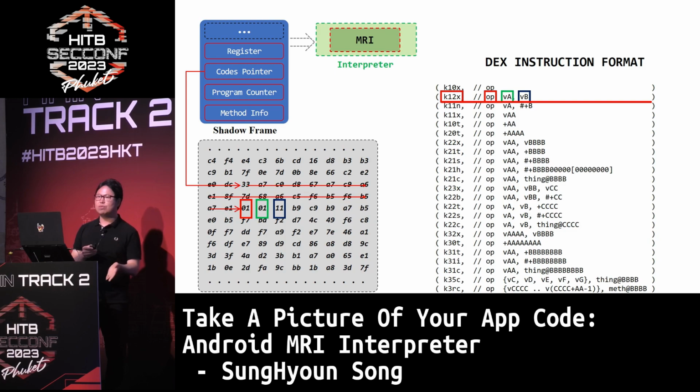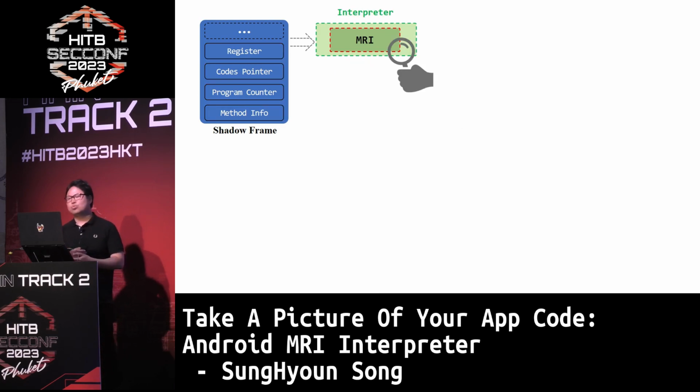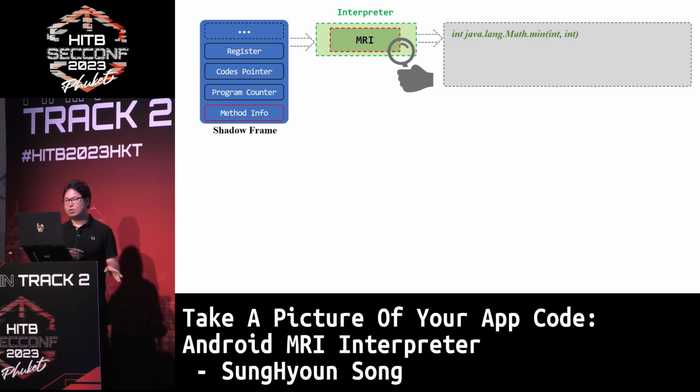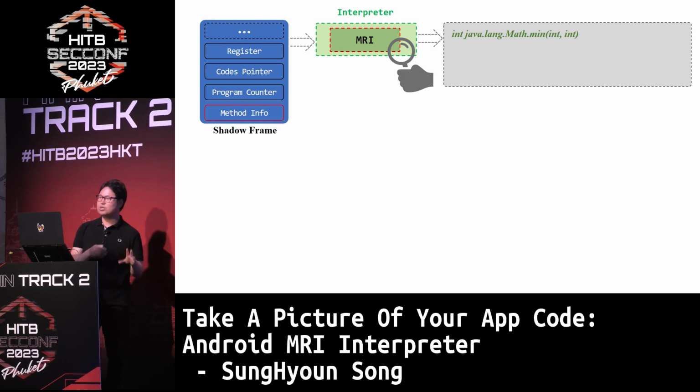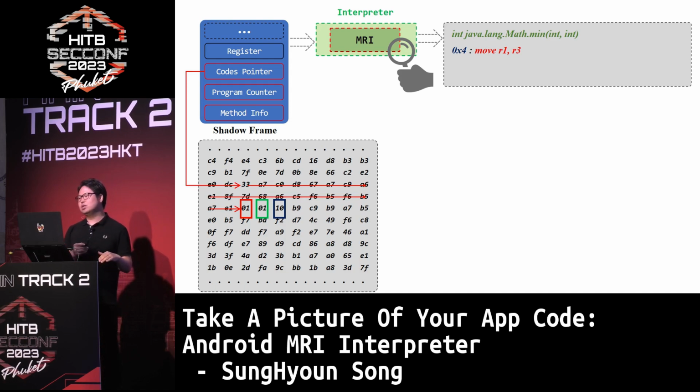As a result, we use the MRI interpreter to confirm the name of the function being executed in the method info object, and then use the information stored in the code pointer and the program counter object to identify and execute the corresponding Dalvik instruction.